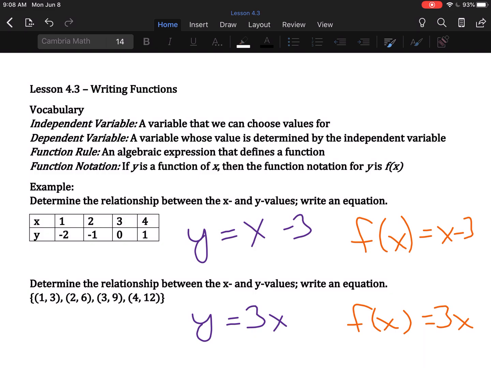An independent variable is one we choose the values for, and the dependent variable is one whose value is determined by our choice of the independent variable. X's are independent because we choose them. Y's are dependent because we figure them out based on our X values. This is more like making an XY table as opposed to being given one.